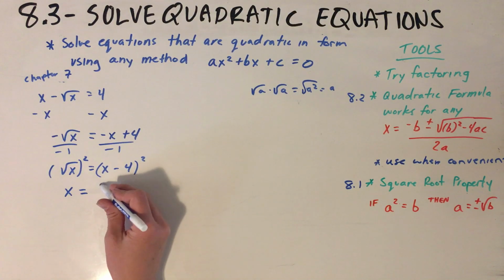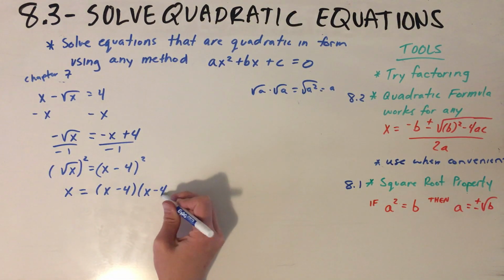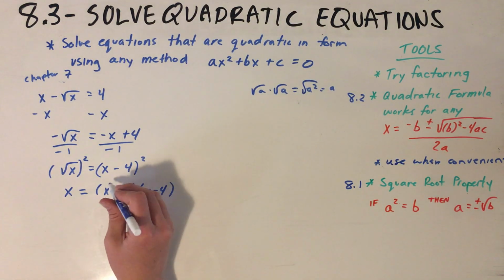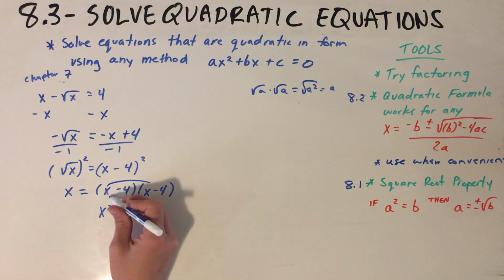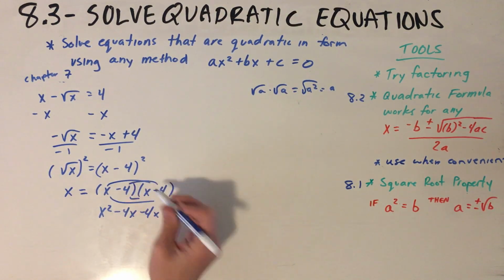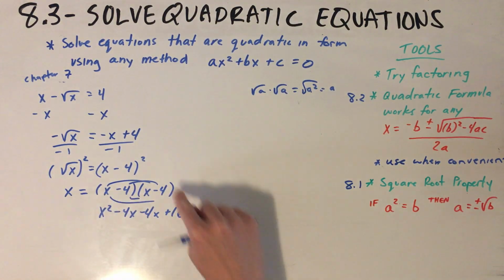And over here, I'm going to have to FOIL this. Again, we're kind of going to pull out all the stops at this point, so everything we've learned so far throughout the semester. I'm going to FOIL here. I get x squared minus 4x minus another 4x plus 16.